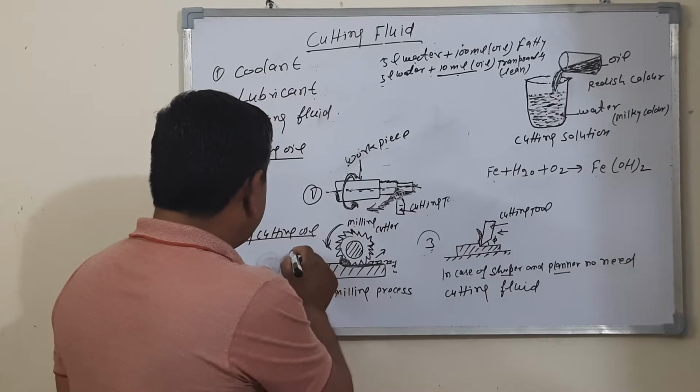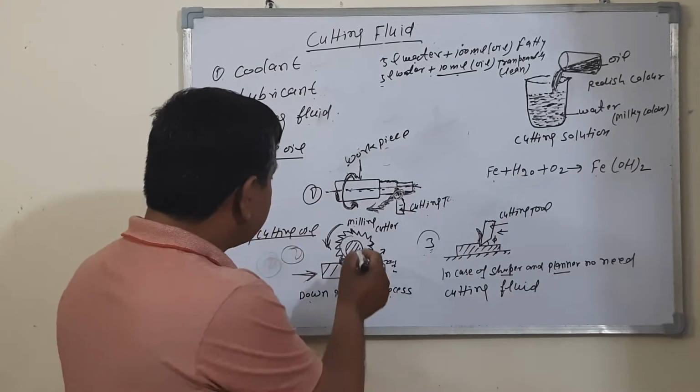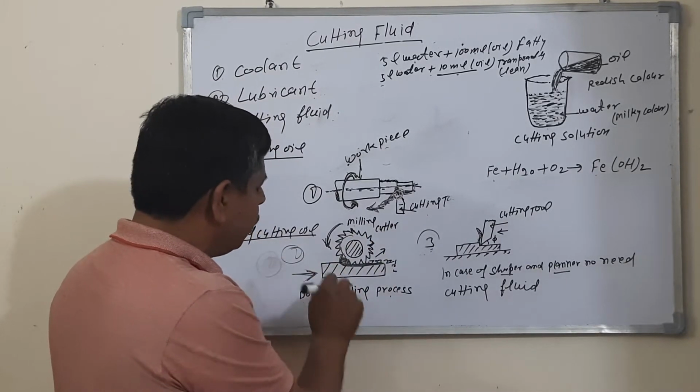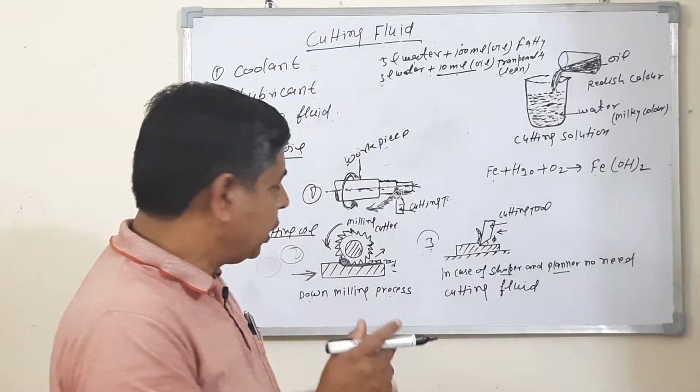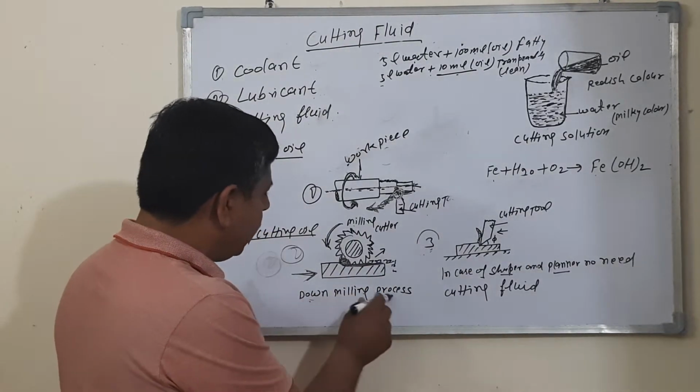Second case: the milling cutter and workpiece move in the same direction. This is called the down milling process.